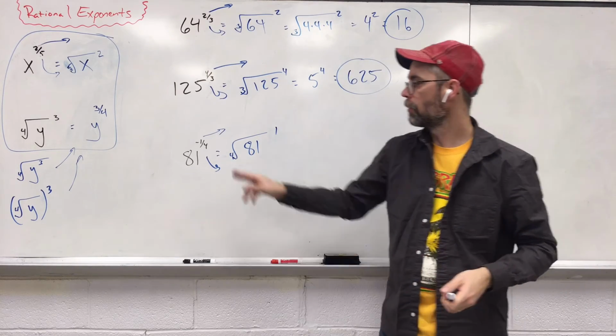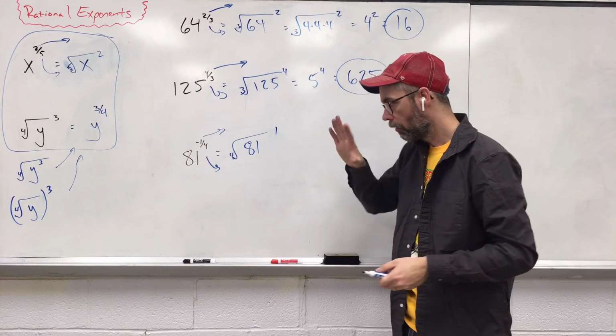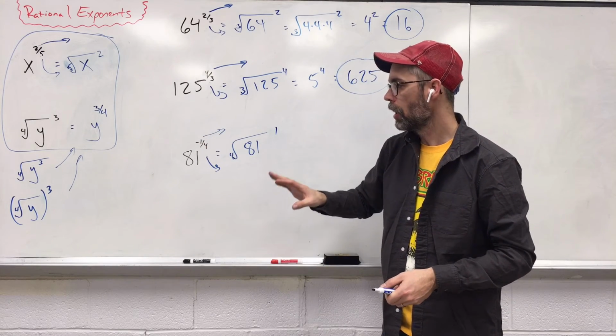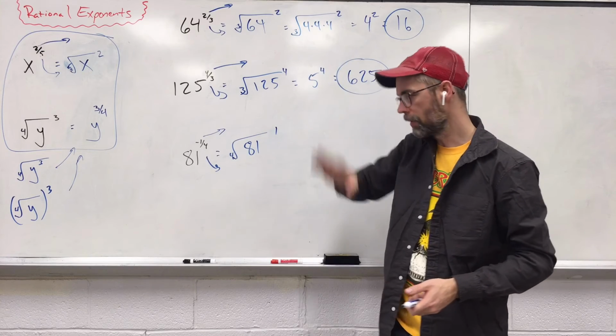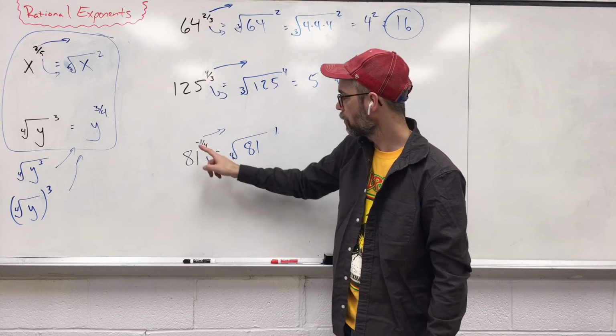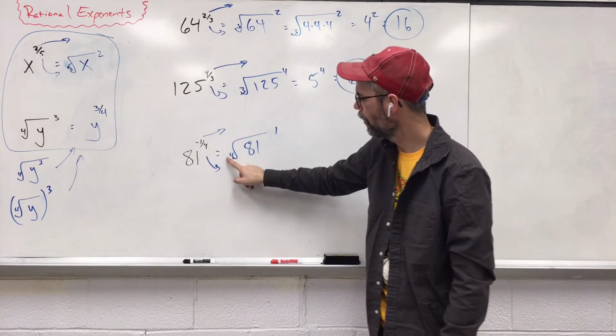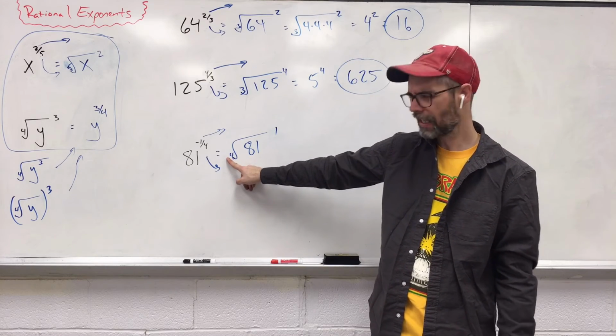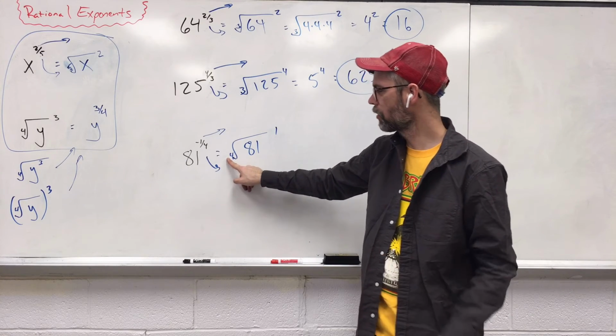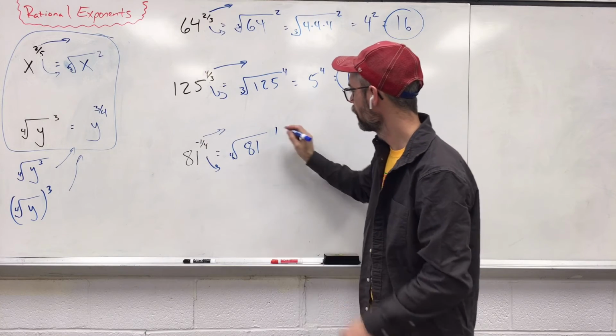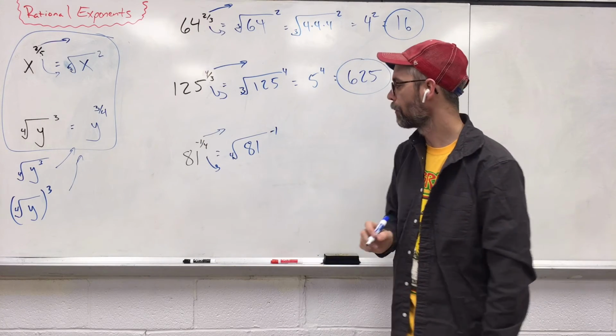As long as there's one negative, it means the whole thing is going to be negative. You're allowed to shift that negative up and down wherever you want to put it. In this problem, if that negative was down with the 4, I'd have a negative in the index. I don't know what that would mean. So just make sure that negative stays with the exponent, with that top number.